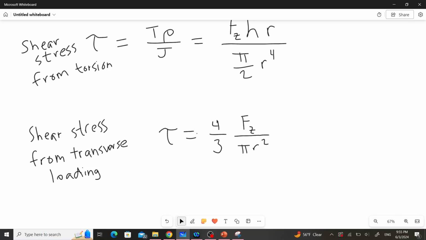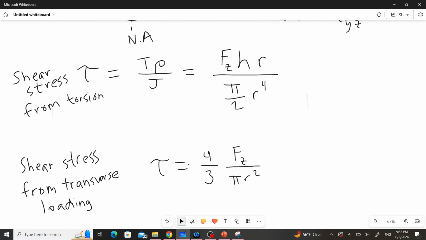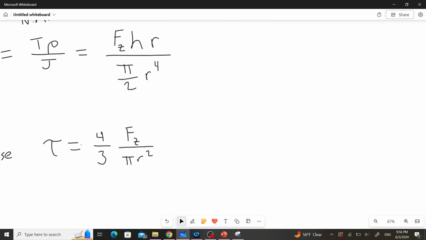And then, like we said, if we look back at this element that we drew, the directions of the stresses are in the same direction. So for the total shear stress, we are going to add these together. And from this, since we're looking at the YZ face, this is stress tau sub YZ, right? So these two will add together to give us our total stress.